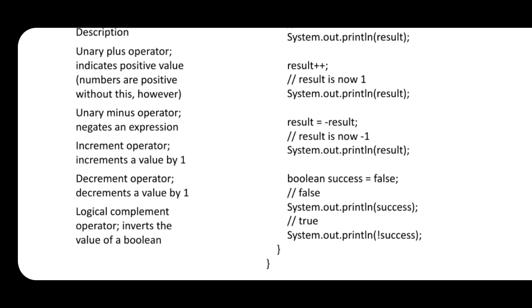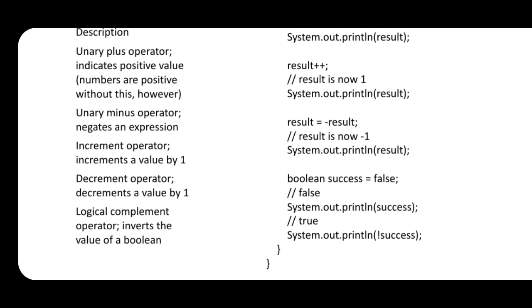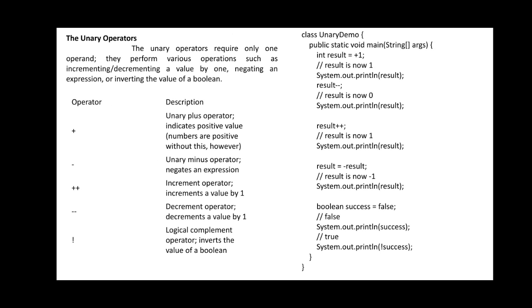Already we have explained that exclamatory value which is going to take the false value to true or true value to false. Hence we can say these are unary operators.